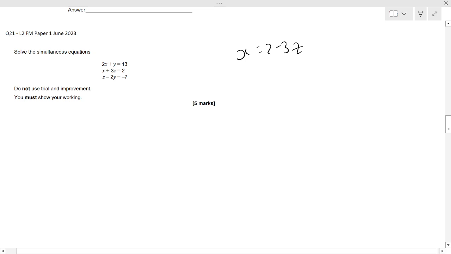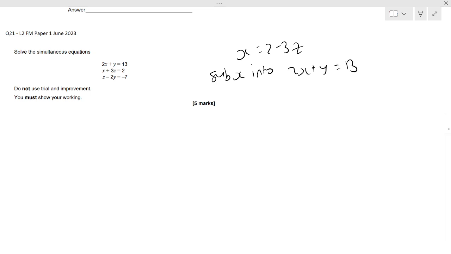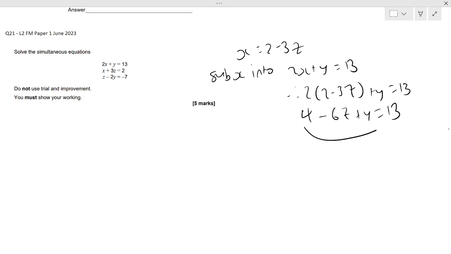So I'm going to sub x into 2x add y is 13. Therefore 2 lots of 2 minus 3z plus y is 13. If we expand, that's going to be 4 minus 6z add y is 13. But I want all the x's, y's, and z's on the left and all the numbers on the right.